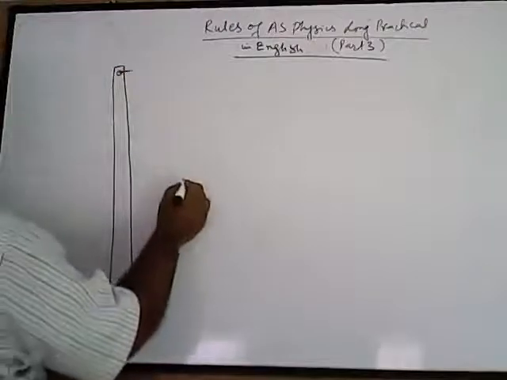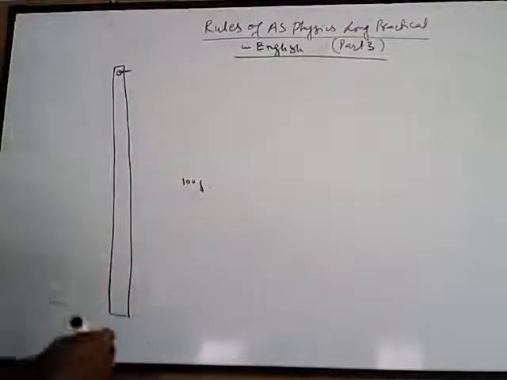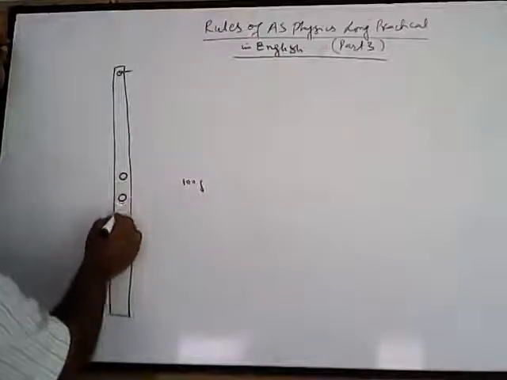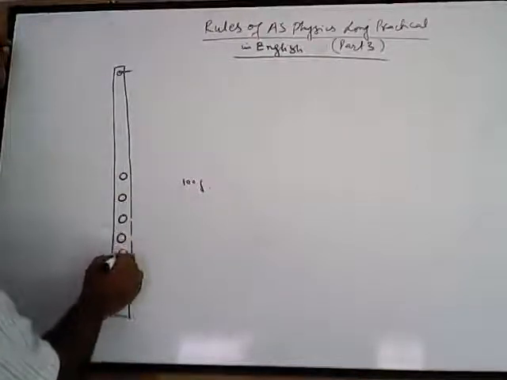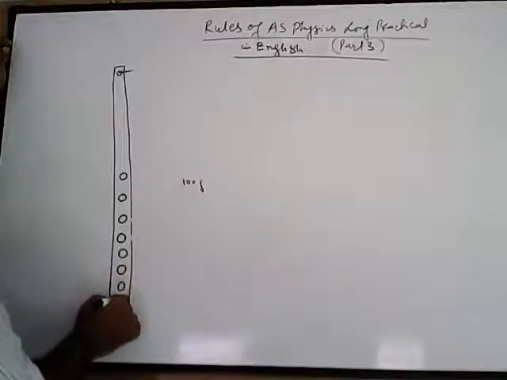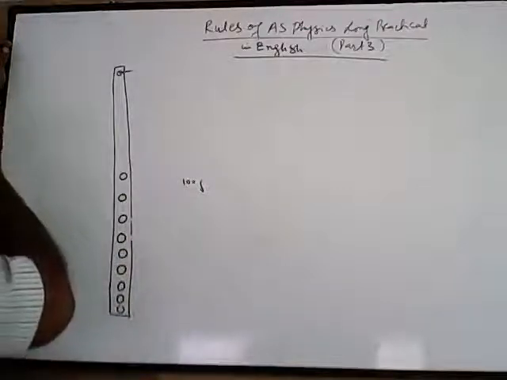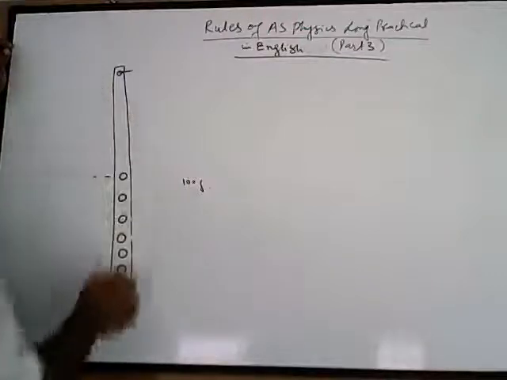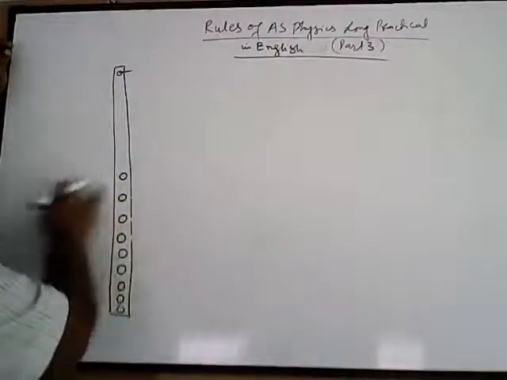Now you are given a 100 gram mass and you have to attach it with different holes. This is hole number 1, 2, 3, 4, 5, 6, 7, 8, 9 holes. The distances can be given or the number of holes can be given.